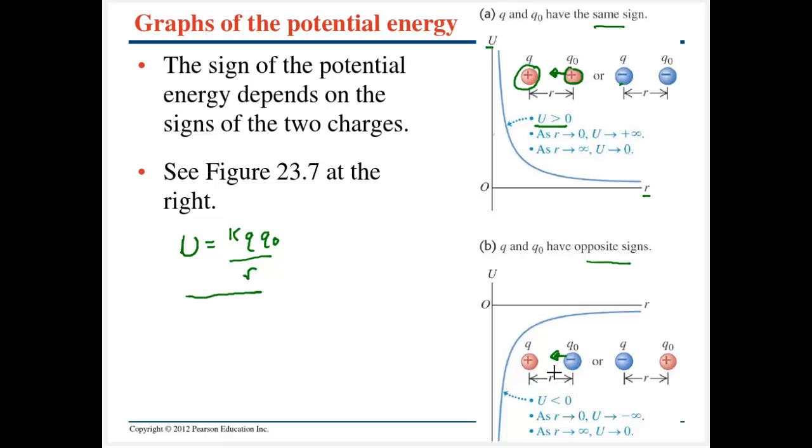Therefore, the work done is going to be negative, and the potential energy will also be negative in this case where the charge and the test charge have opposite signs. For both of these scenarios, though, we use the same equation. It's charge times the test charge times the constant k divided by the distance between them. It's just whether it's going to be positive or negative. So the formula doesn't change, just the sign does.